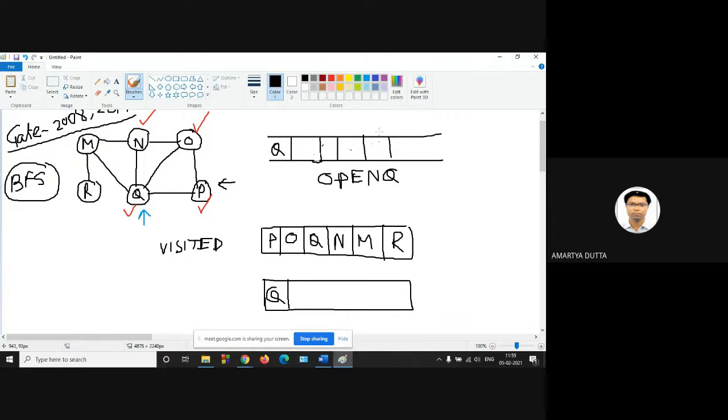Then adjacent of Q are P, O, N, M. You can take it arbitrarily.